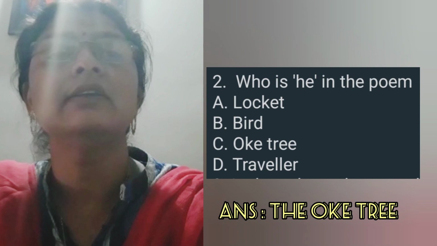He meaning the oak tree. So when you go through this poem, you will understand many a times the tree is considered like a human being. In this question itself, what is said about the oak tree, that he holds the locket close to his heart.